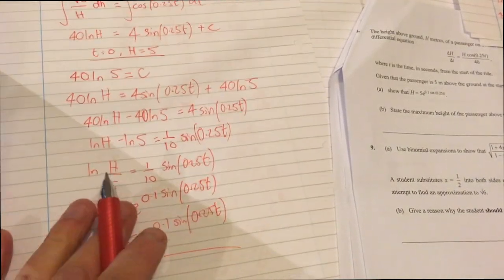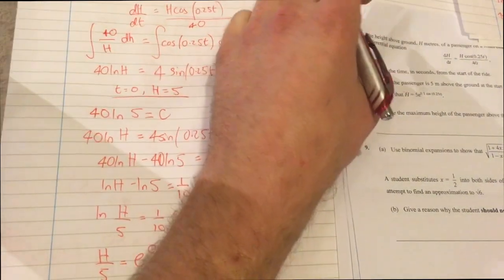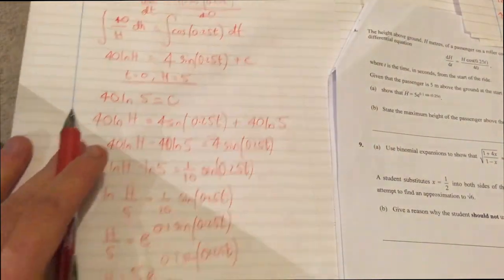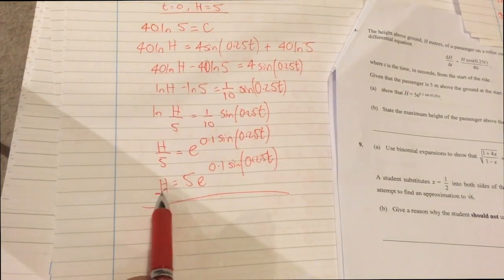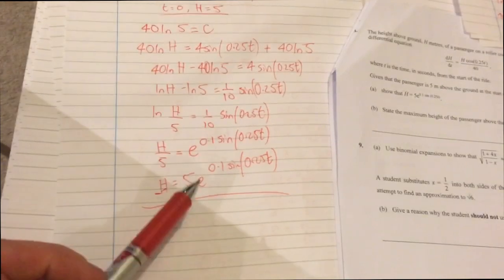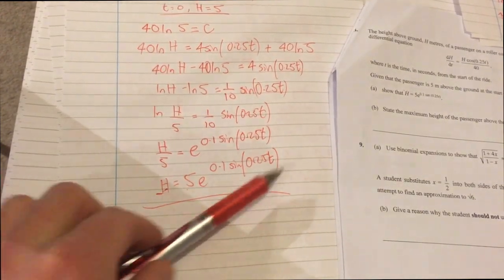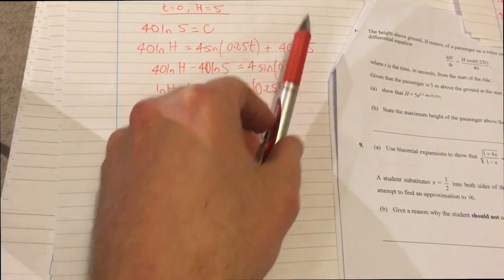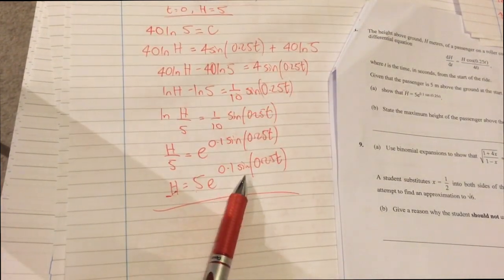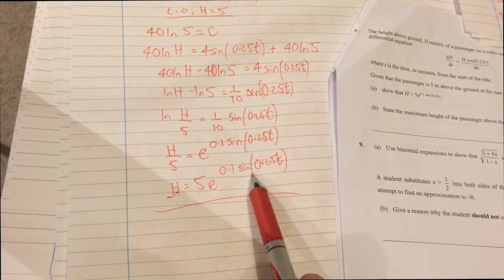Next bit, state the maximum height of the passenger above the ground. So if we look at our h equation, we want to try to find out what the maximum value of this is. So let's just have a quick think. e as a graph just increases. So our maximum e value is going to be given by our maximum value we put in, and the value we put in is going to be to do with this.